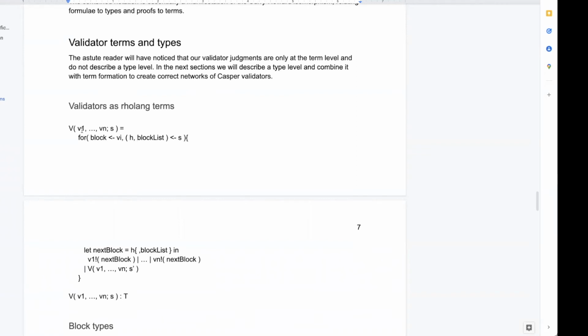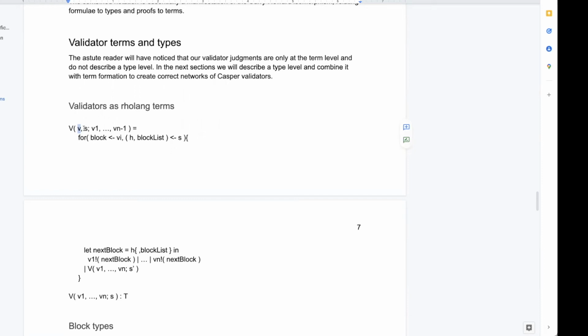Let me do it this way, and I'll move it over here. So we'll get V S. So this is the identity for this validator. It is the place where it is listening to receive information from other validators. So that's the channel there.